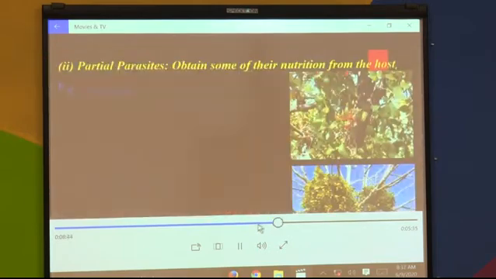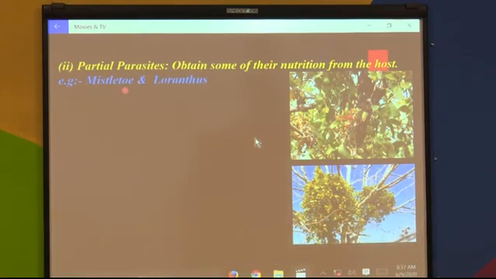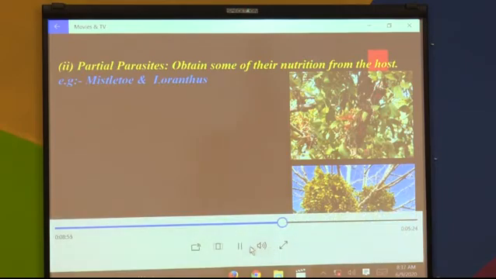Next concept, partial parasites. Partial parasites obtain some of their nutrition from the host.